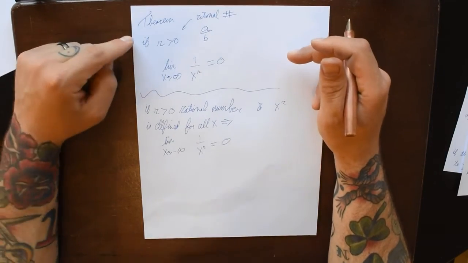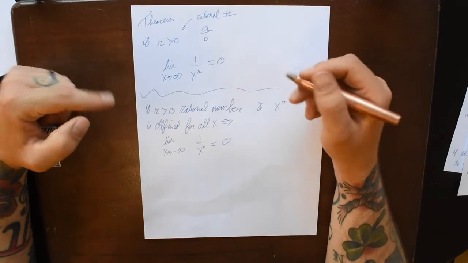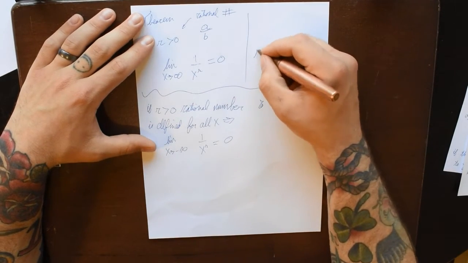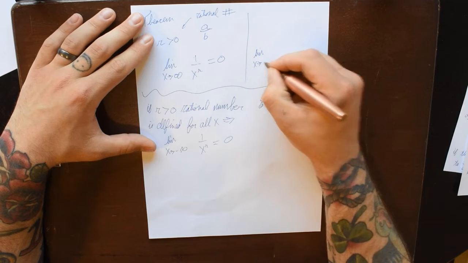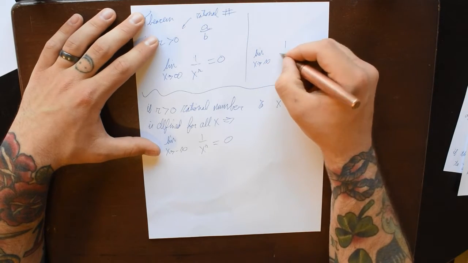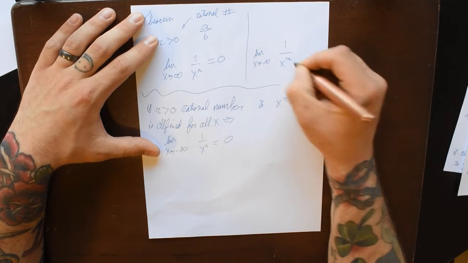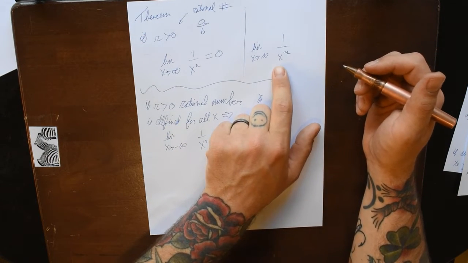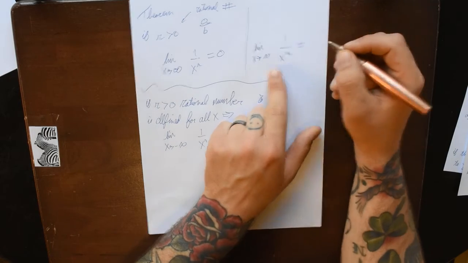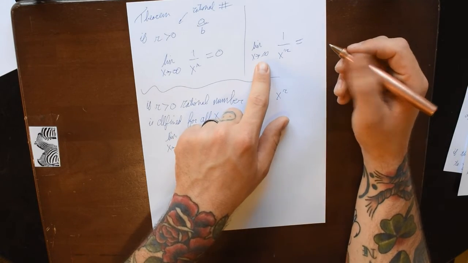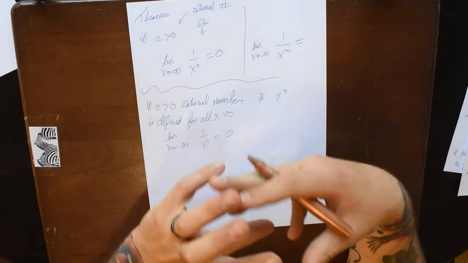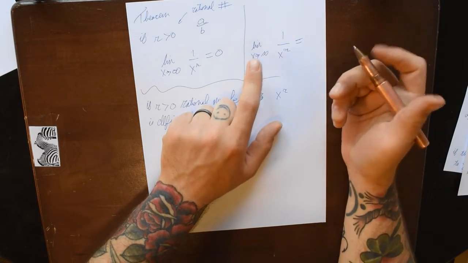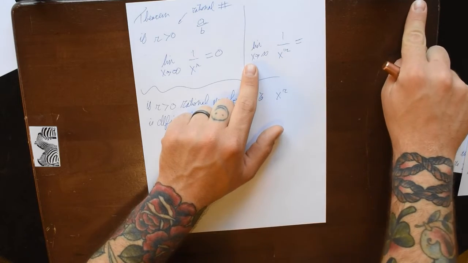So you want to be careful with this, because we can definitely take the limit as x goes off to positive infinity of 1 over x to the 1/2. We can take the square root, the limit as x goes off to infinity of the square root of x, and that's fine because x is always going to be a positive number, or at least x is going to tend to be a positive number when we're considering what happens as x increases to infinity.